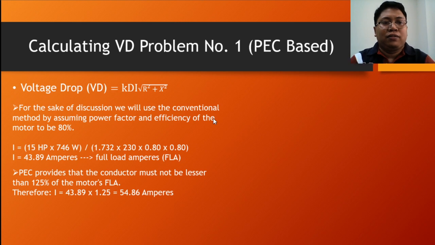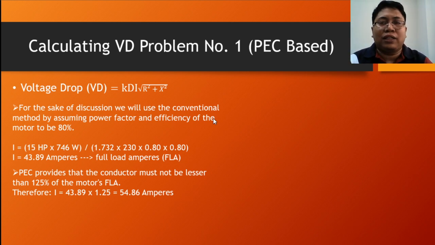Okay. And then, as we can see, for us to get the current or the full load amperes of the motor, we multiply 15 horsepower multiplied by 746 for us to convert it in watts. And then the result will be divided to 1.732 multiplied by 230 volts, our system voltage, multiplied by the power factor and the efficiency, which results to 43.89 amperes.